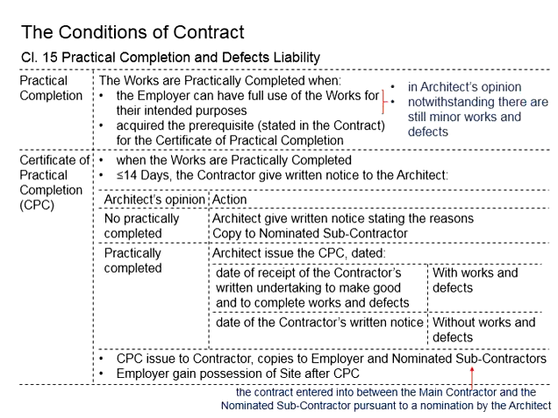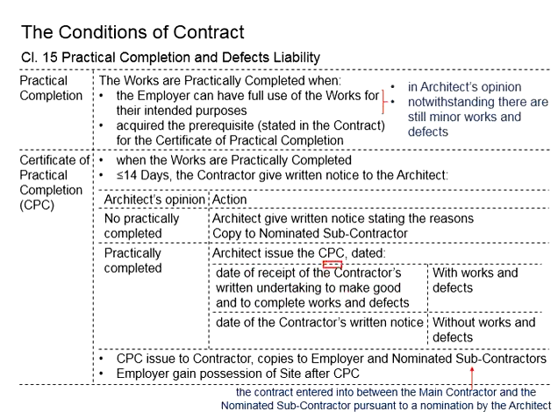However, if there are still minor works and defects that require the contractor to rectify, the CPC should be held until the contractor sends a written notice promising to undertake the making good and to complete the works and defects.